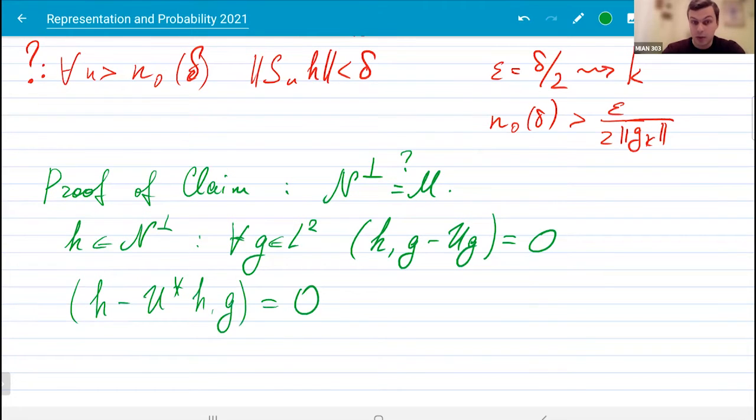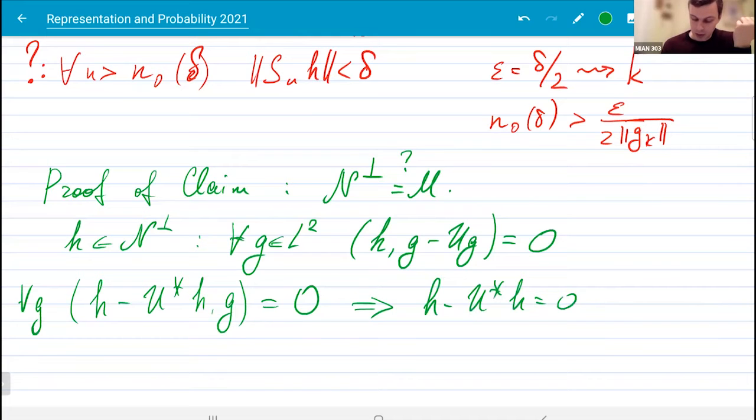And therefore, you have the element h minus U star h, which is orthogonal to everything. Therefore, for example, it is orthogonal to itself. Therefore, in L2, we have this h minus U star h equals 0.